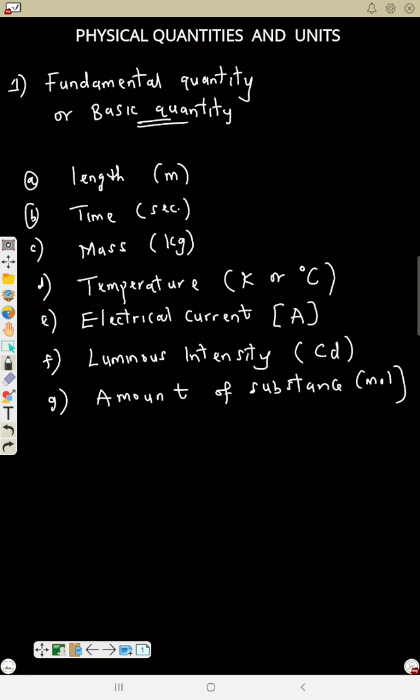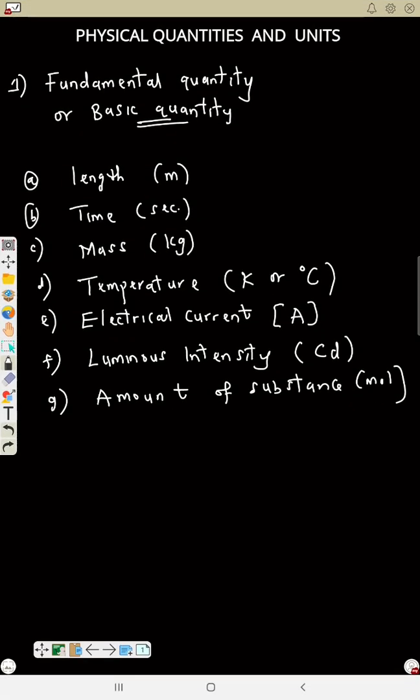With all this, we can now say derived, number 2, derived quantity. But before we talk about derived quantity, let's talk about the international system, that is SI units. So let me clear this.